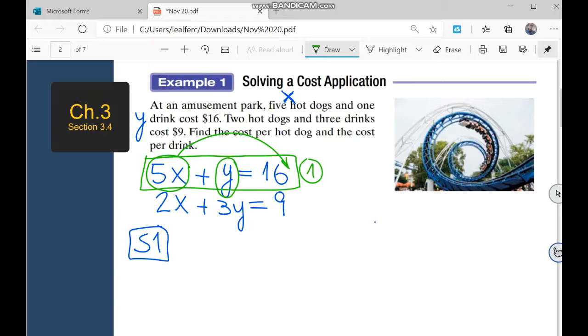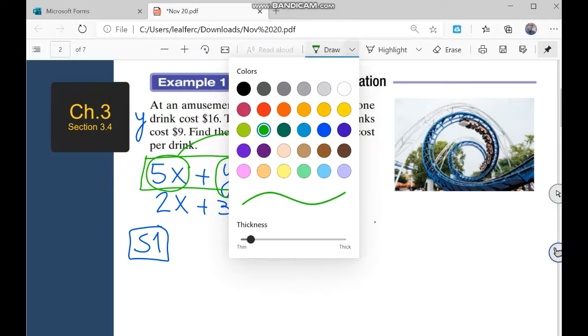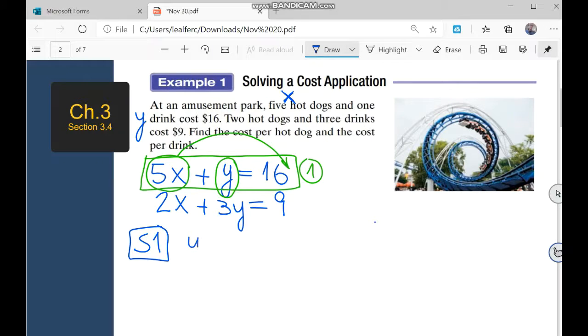This is the same thing as subtracting 5x from both sides of this equation. That is the reason the sign changes when you move to the other side. Y equals 16 minus 5x. This is step number 1.